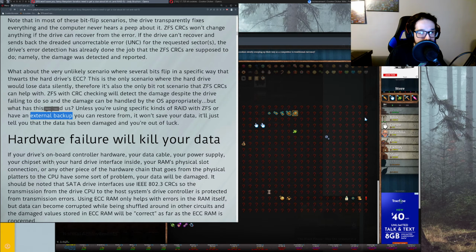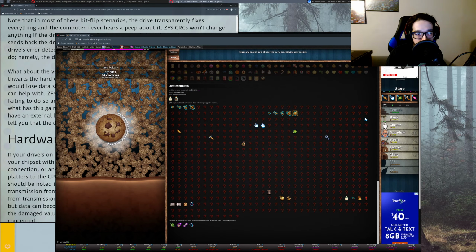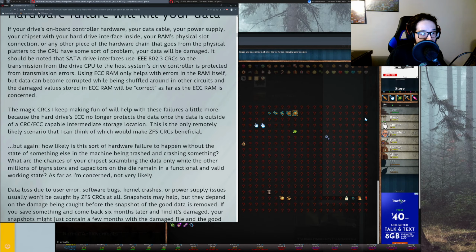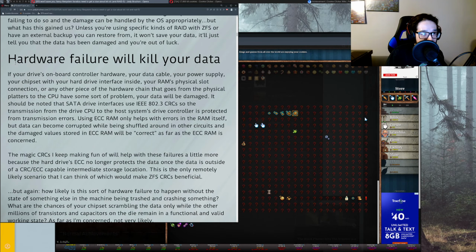It'll just tell you that your hardware is damaged and you're out of luck. Hard drive failure will kill your data. If your drive's onboard controller hardware, your data cable, your power supply, your chipset with your hard drive inside, your RAM's physical slot connection, or any other piece of hardware in the chain that goes from the physical platters to the CPU have some sort of problem, your data will be damaged.